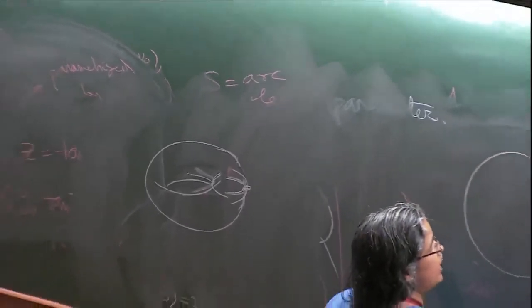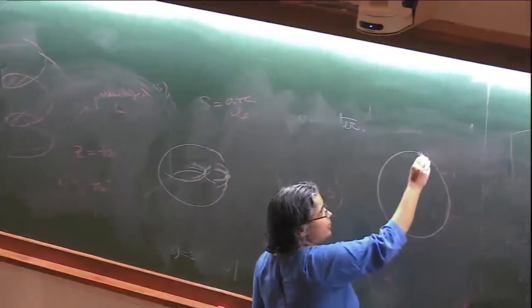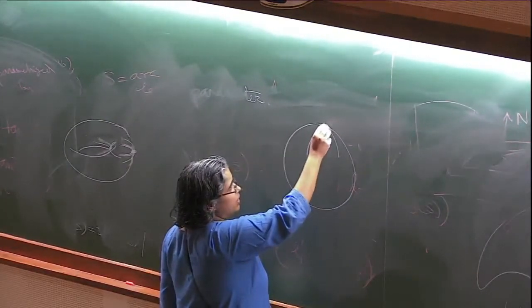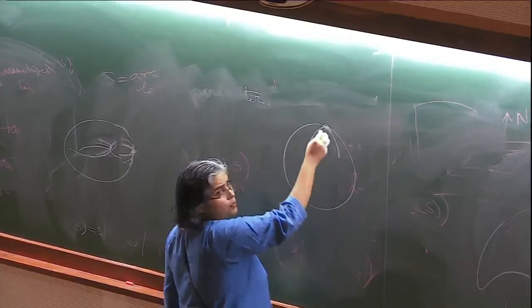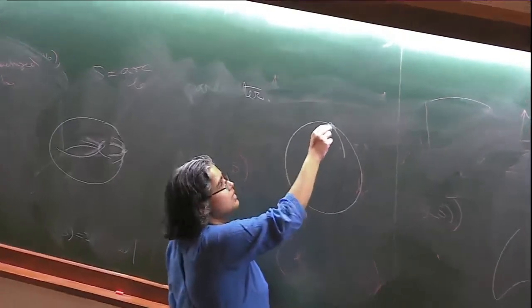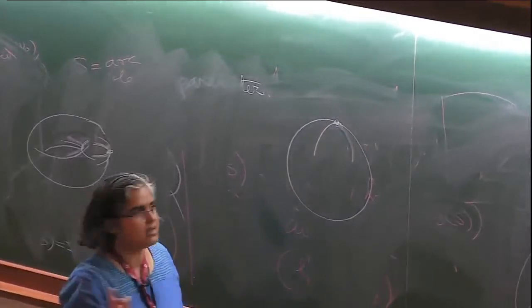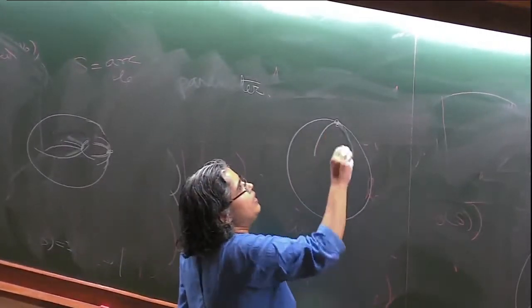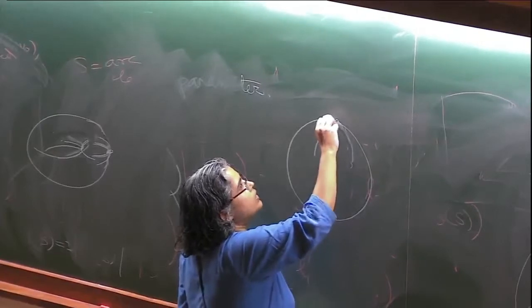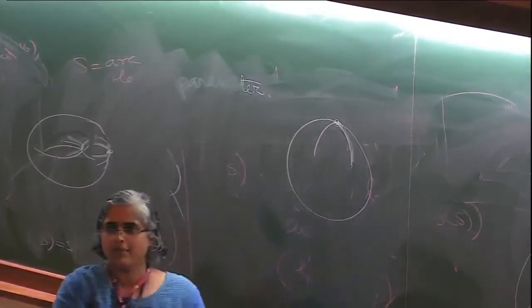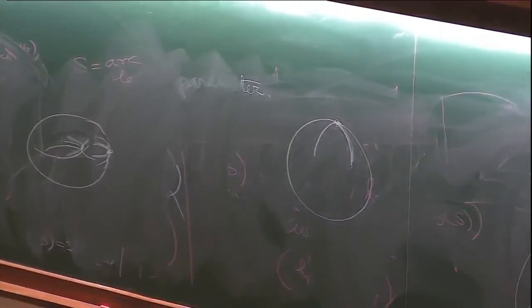For example, if you take a sphere, you take two orthogonal directions. Since it's so symmetric, any two orthogonal directions will be principal directions. You take two orthogonal directions, and they curve in the same way. So that's why the sphere is positively curved.